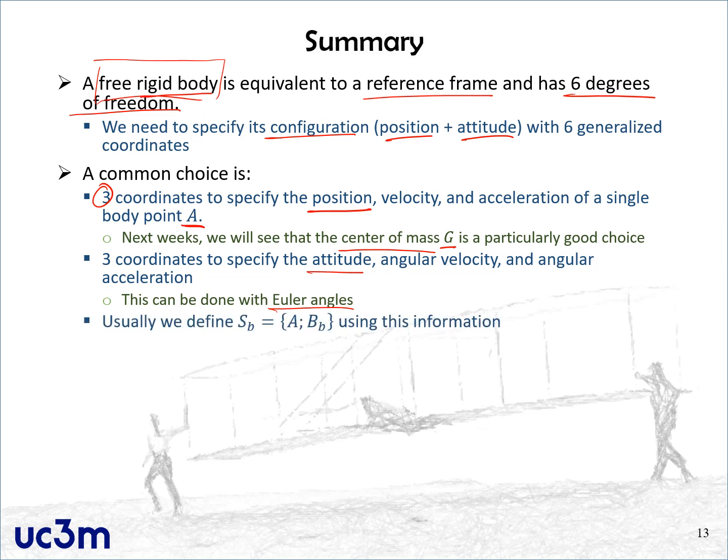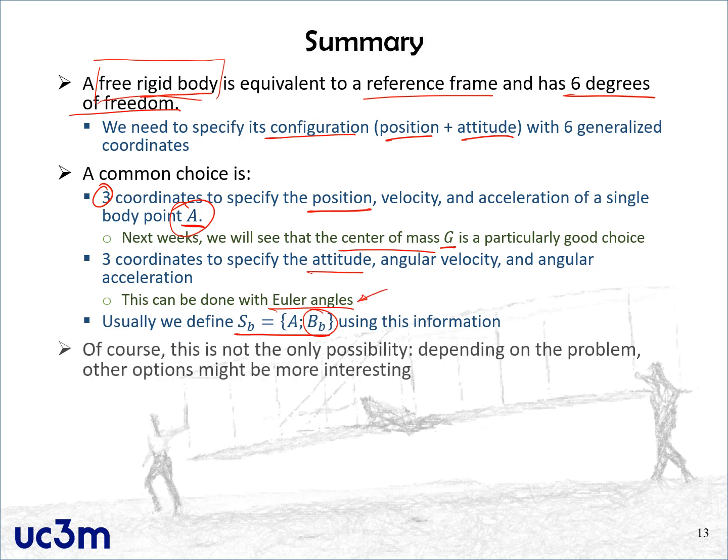Of course, once you have done this, the most natural choice is to define your body fixed reference frame with the point A that you have selected here and with the vector basis that comes out of the rotations associated to the Euler angles. Now, I want to emphasize this. Remember that this is not the only choice.